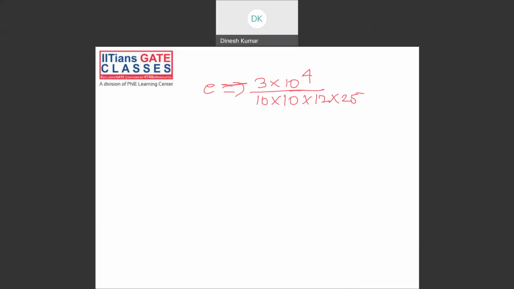Now this got cancelled, so it is 4. So it is 10 to the power 4 upon 10 square into 10 square, because 4 into 25 is 100. So it comes out to be 1 mm.